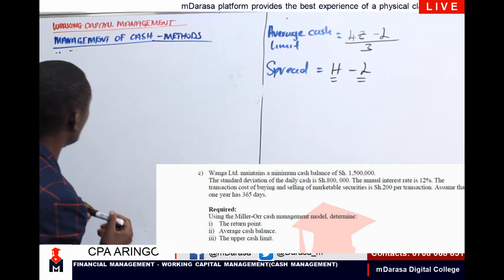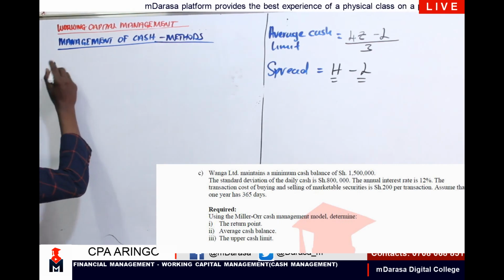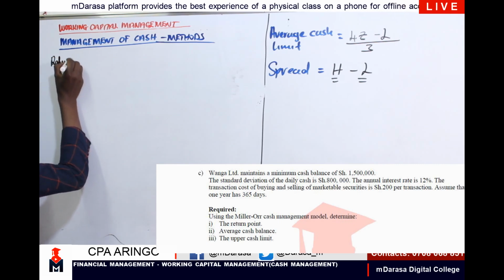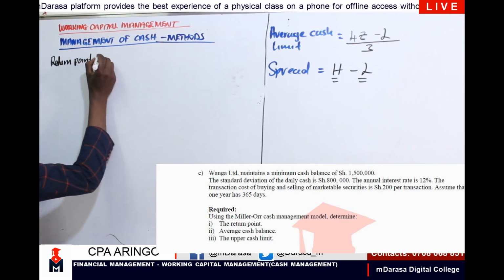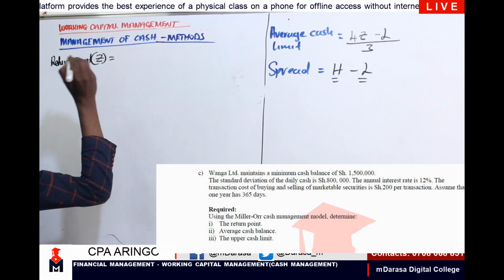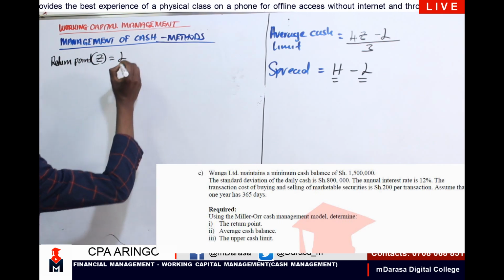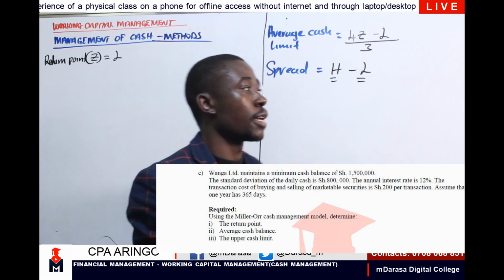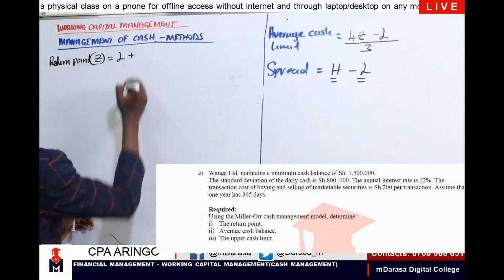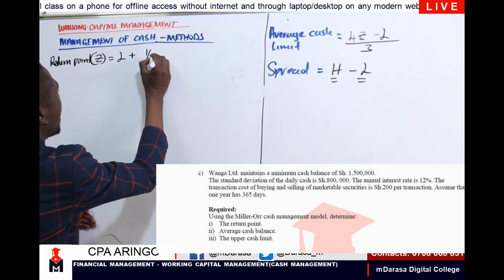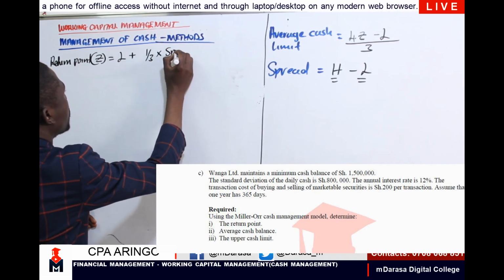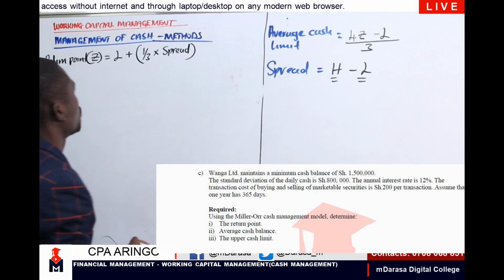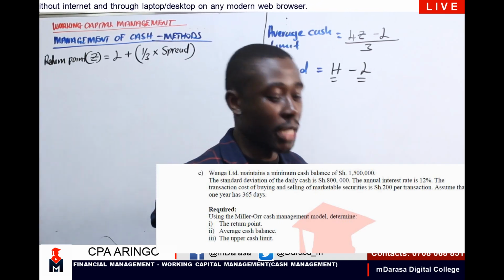The examiner wants us to determine our return point, which we refer to as Z. So my return point Z is the lower cash limit, which many times will be given, plus a third times my spread. This is what gives us the return point.